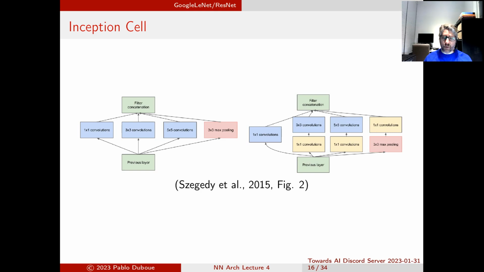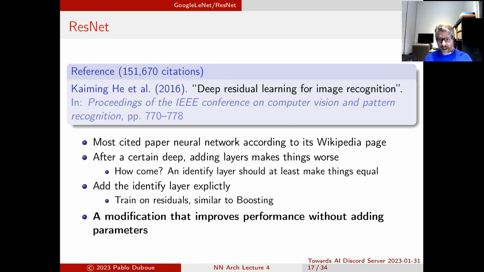And due to that, they call the one here on the left the naive Inception Cell, and then they add these boxes in cream that are dimensionality reduction convolutions, 1x1 convolutions that produce fewer features and are then fed into the other convolutions that expand them. So the Inception Cell is one part of the solution to these questions.